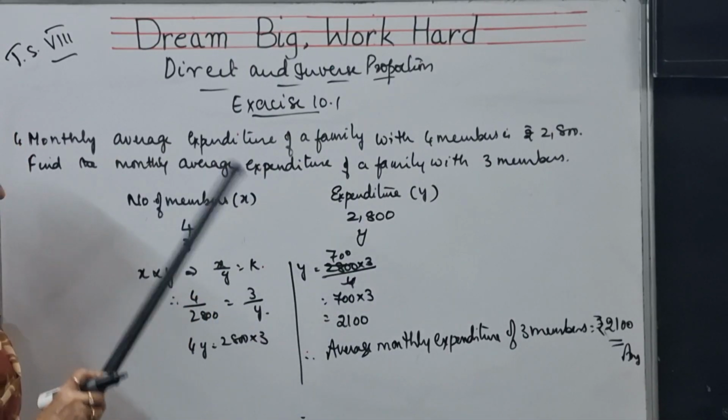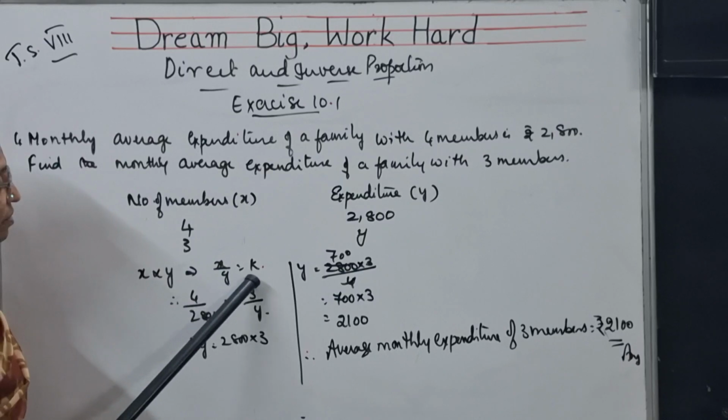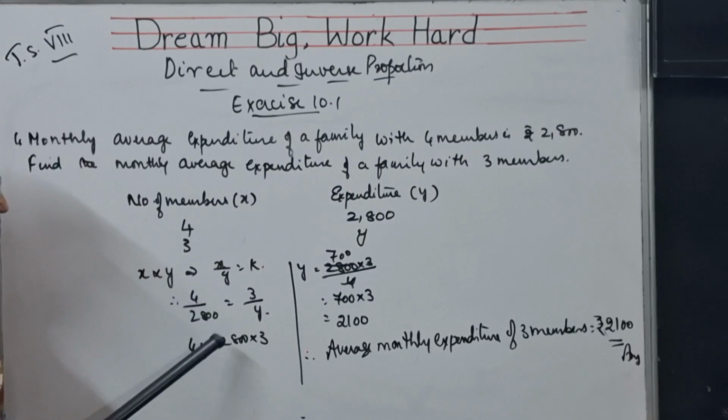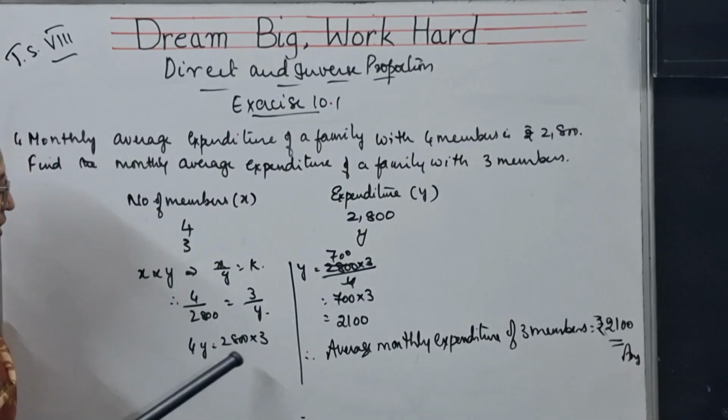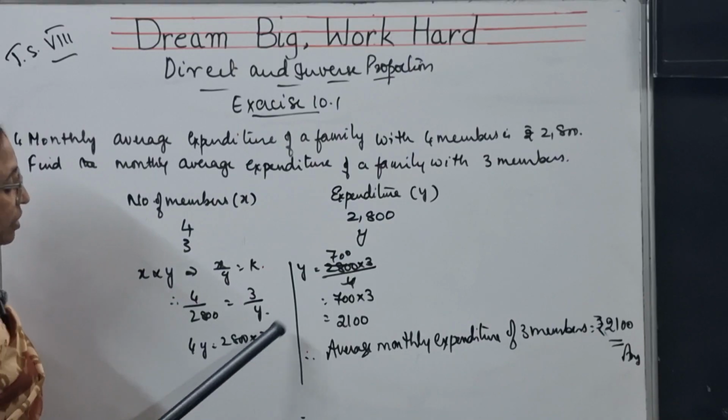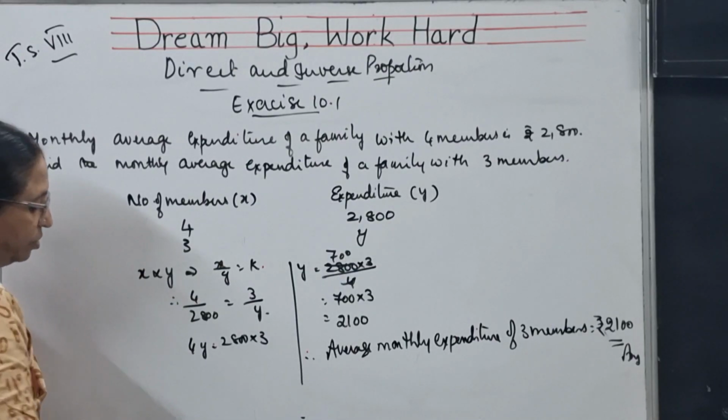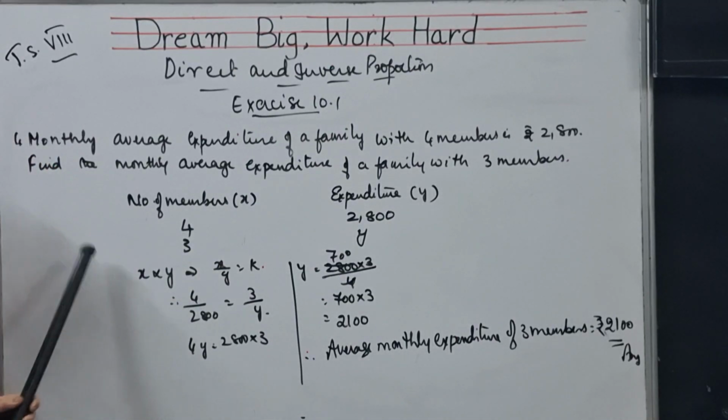They are directly proportional. So X by Y is constant. So 4 by 2,800 is equal to 3 by Y. 4y is equal to 2,800 into 3. On calculation, we get the y value as 2,100. That is 2,100 is the average monthly expenditure of a 3-member family. Note it down, children.